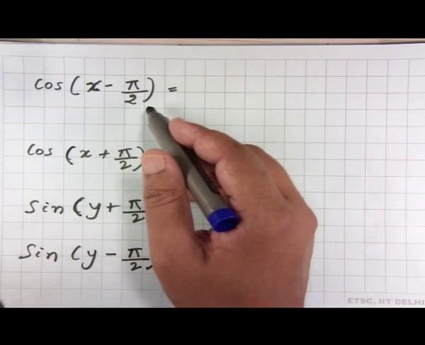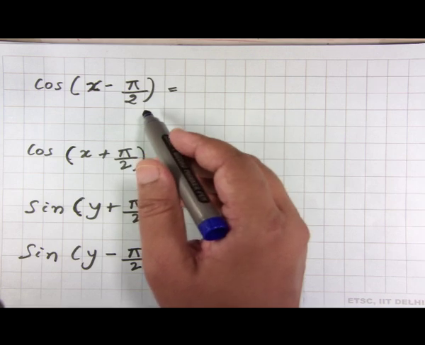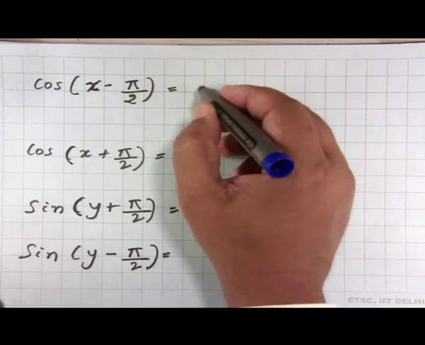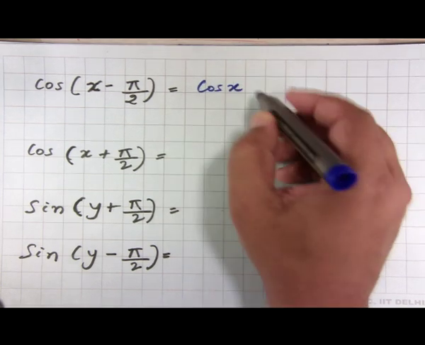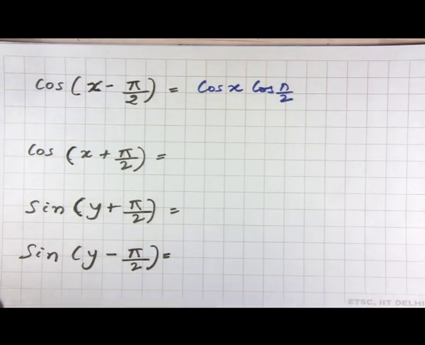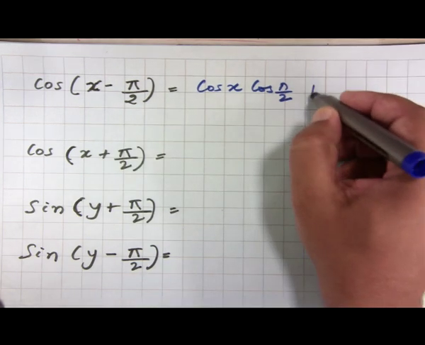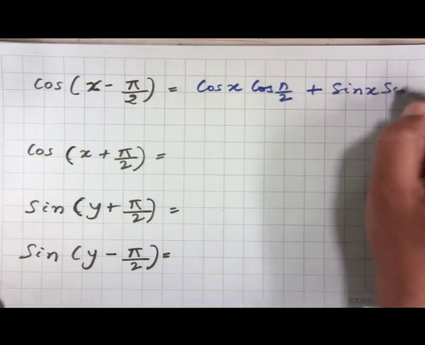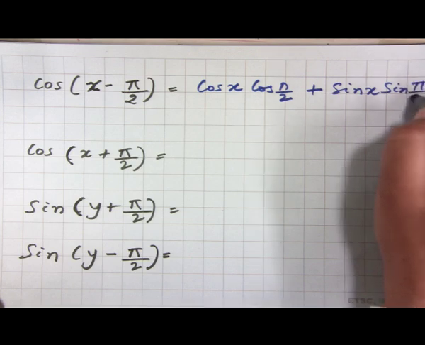Using the cos x minus y formula, many other simplifications can be done. For example, we will try to see what cos of x minus pi by 2 is. So, this is cos x cos y, where y is equal to pi by 2, 90 degrees, plus sin x sin y.